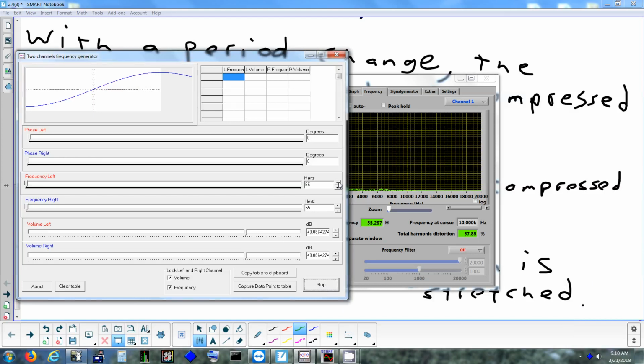So as I go up, all of a sudden you started to hear, I don't know if it's the lights or the vent or something, but something starts to resonate with that frequency because that's the frequency that that thing wants to vibrate at, and I'm playing that vibration frequency very loud.